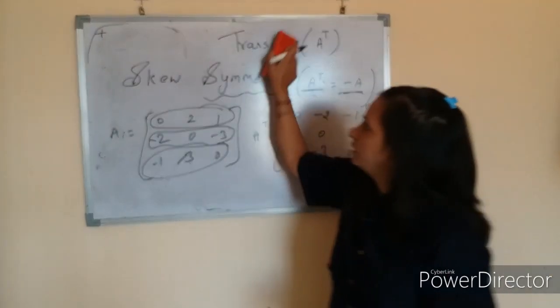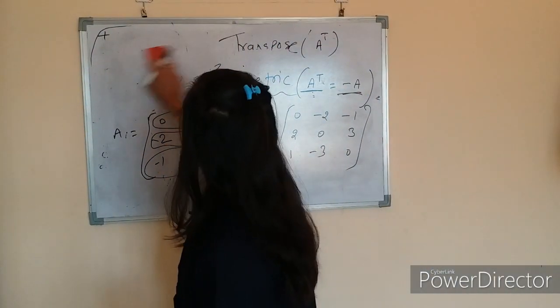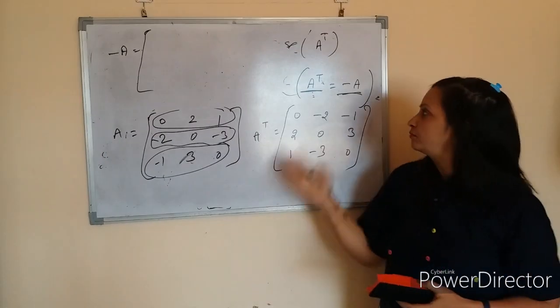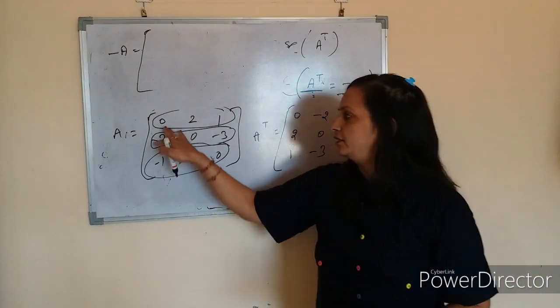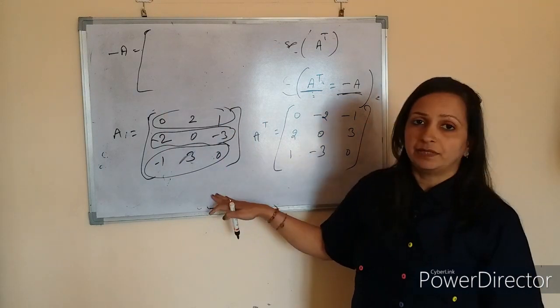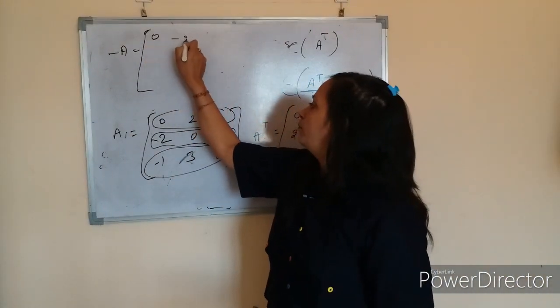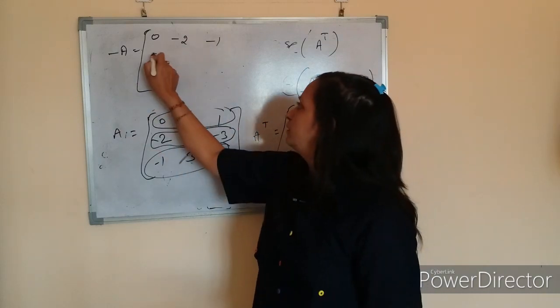The definition says that A transpose must be equal to minus A. Let me check here. What if I multiply this complete matrix by minus 1? What will minus A be? I multiply the complete matrix with a negative sign.